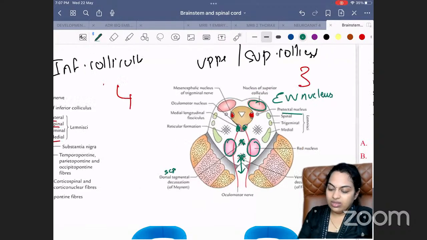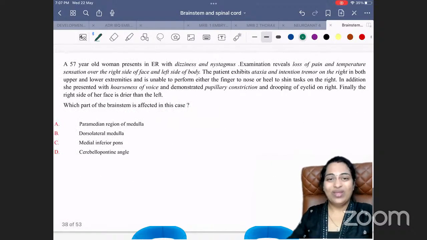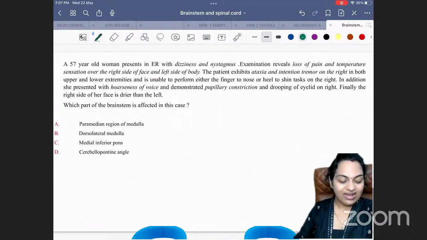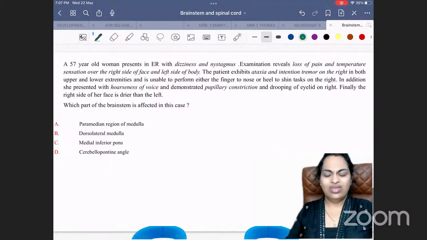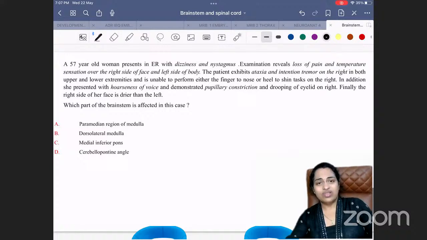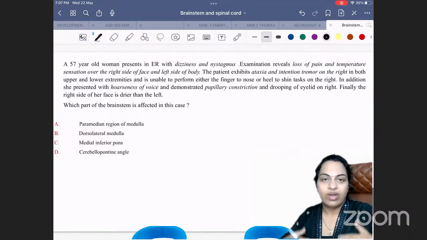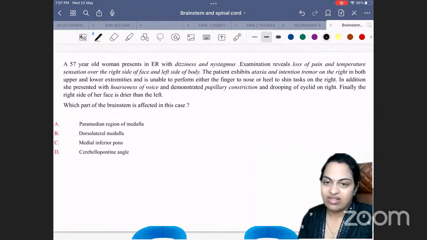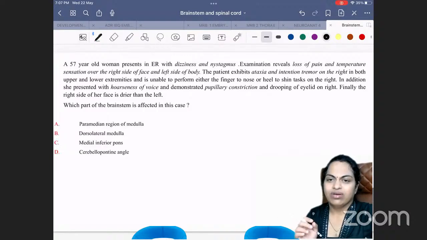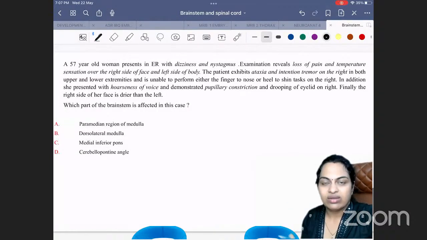Now, coming to the most important part. Are you there, guys, with me? Yes. Now you're going to help me pick out. So we saw about the spinal cord, we saw about the brainstem features on the dorsal and ventral surface and in the cross section. Now you should be able to apply and get the answers. If you get any case scenario, pick out the clues there.